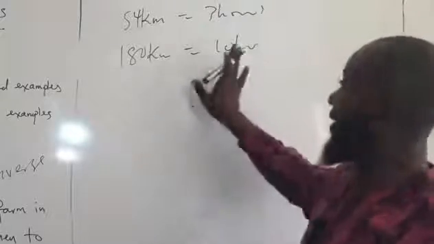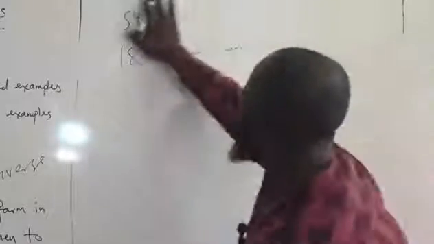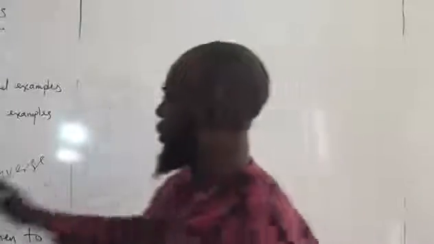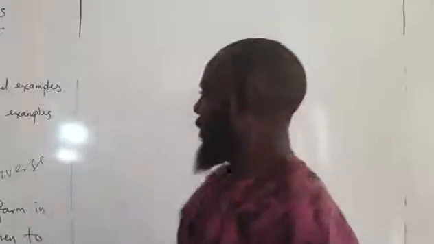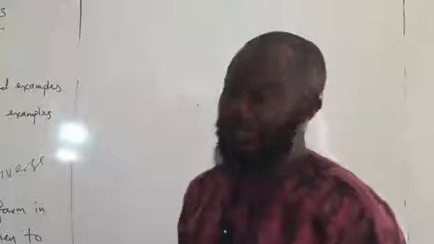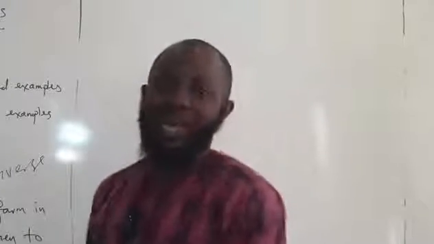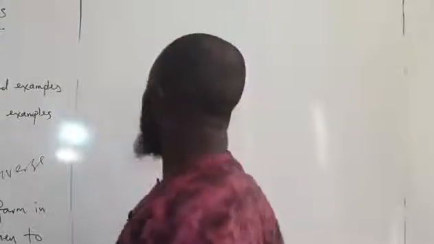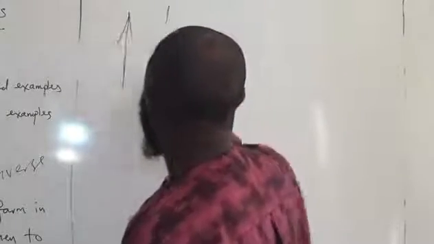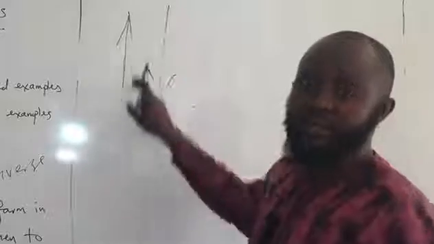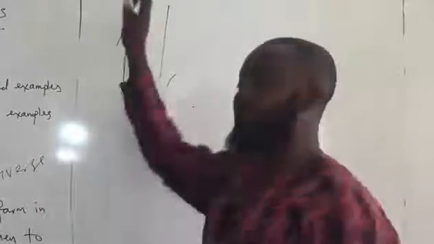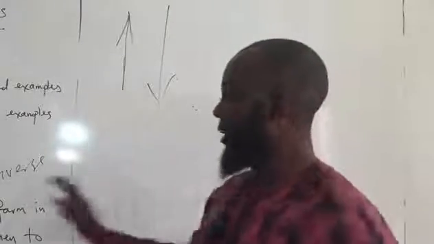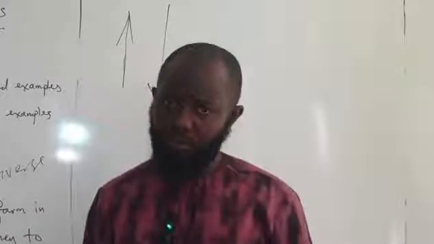That shows that this is direct proportion. But if it is inverse or indirect proportion, as one quantity or variable is increasing, the other one will be decreasing. They will be moving in different directions. As one is decreasing, the other one is increasing. That is one thing about inverse or indirect proportion.